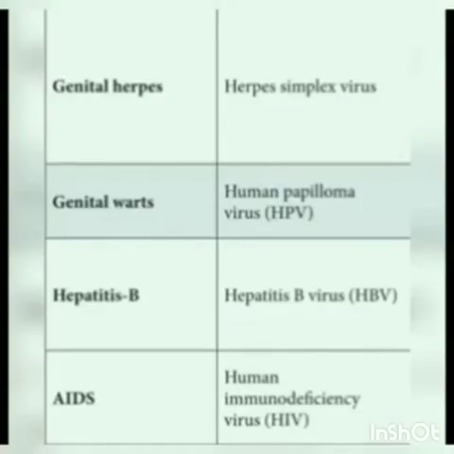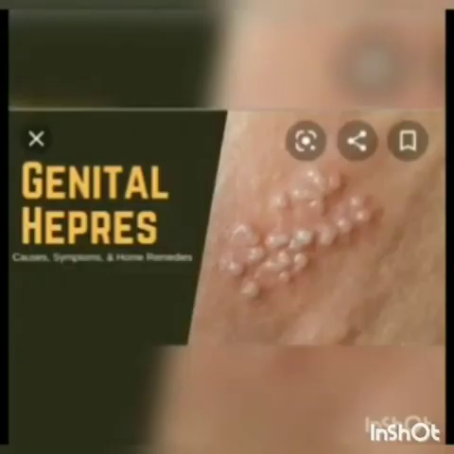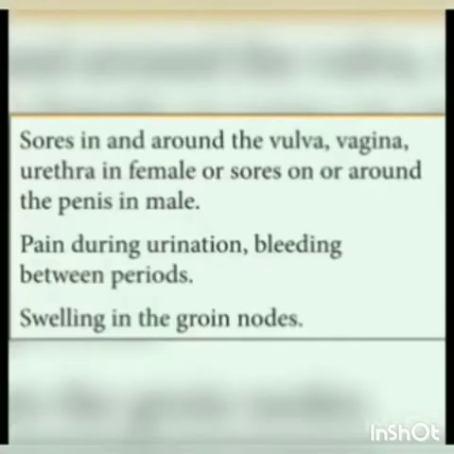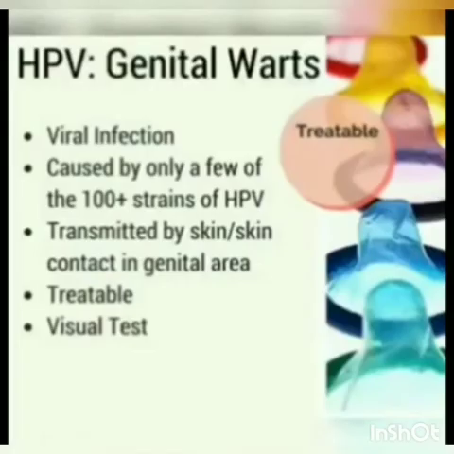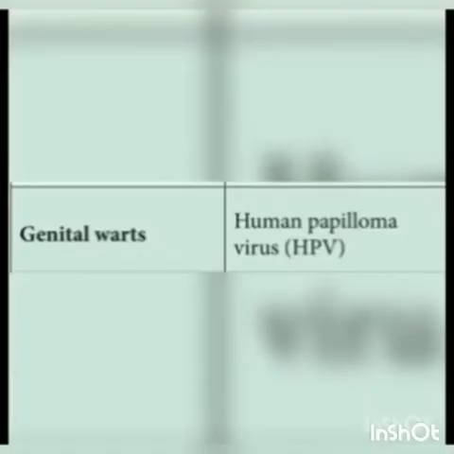Next, we can see some of the viral STIs. First is genital herpes caused by herpes simplex virus, which causes pain during urination, bleeding between periods, swelling in the groin nodes. Second one is genital warts, which is caused by human papilloma virus.